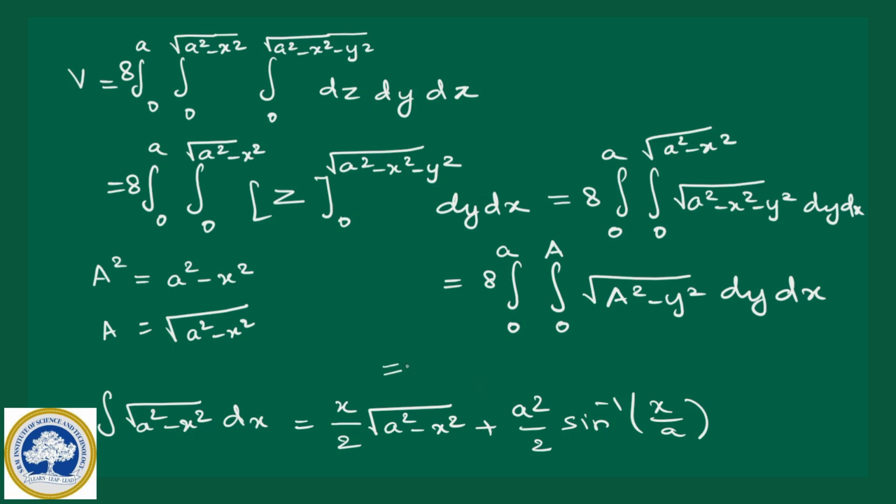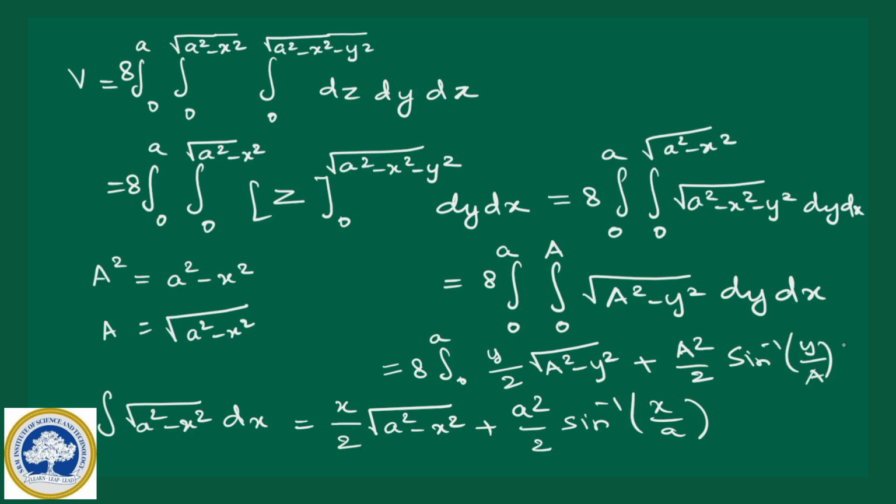So this is equal to 8 into the integral 0 to a of y by 2 into root of A square minus y square plus A square by 2 into sine inverse of y by A, over the limit 0 to A, and then dx.